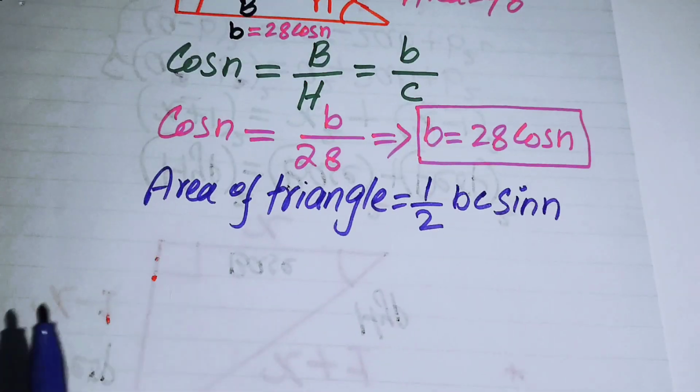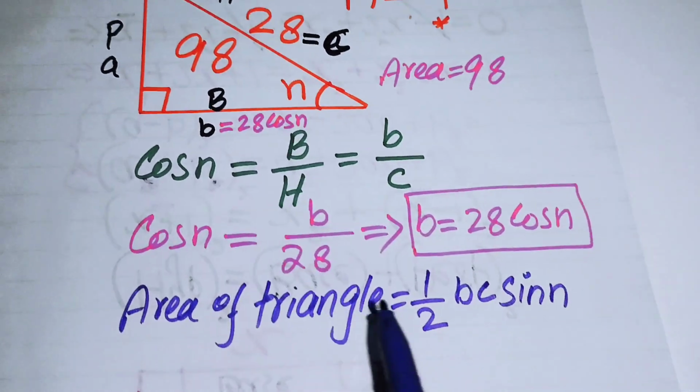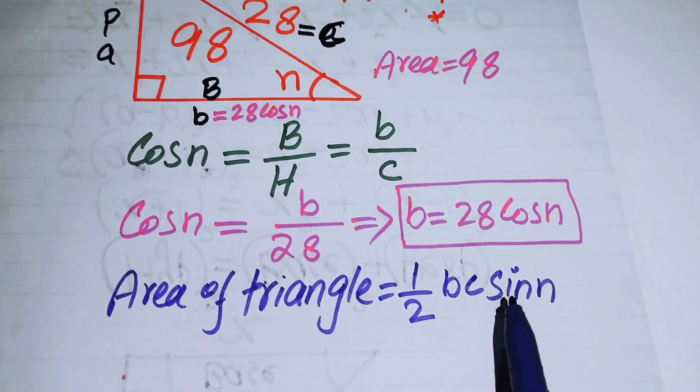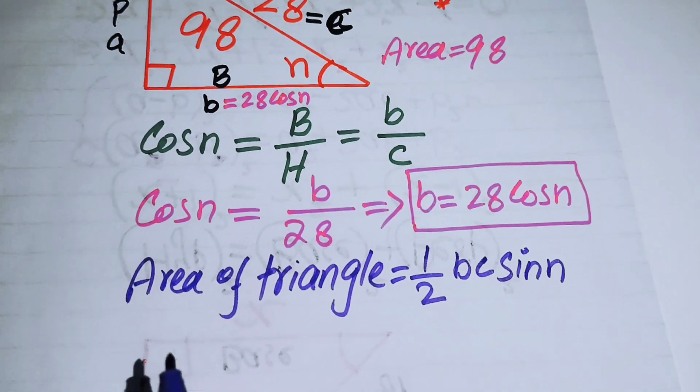Now in the next step we will put the values of b and c in this formula, and we will move towards the value of n.